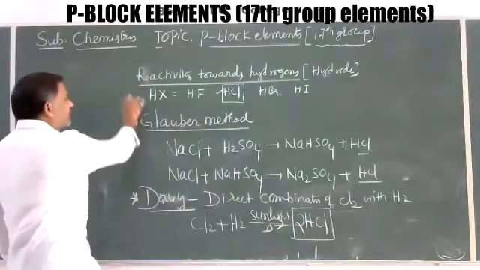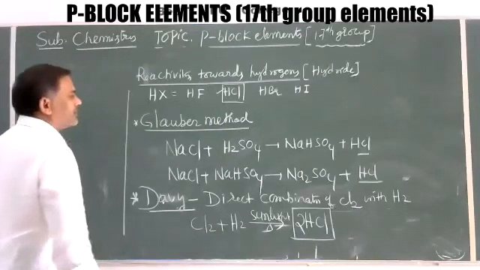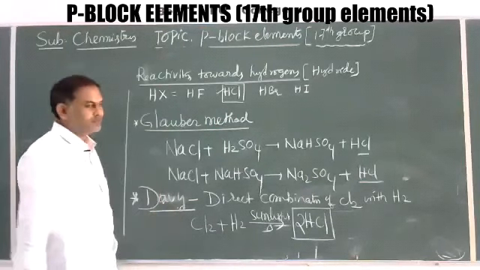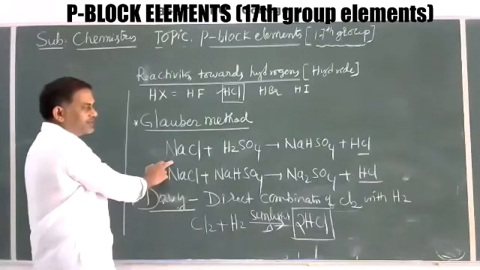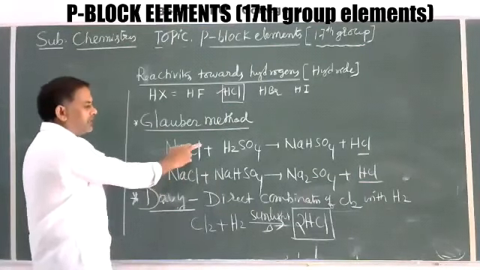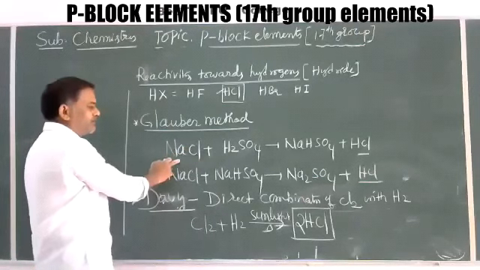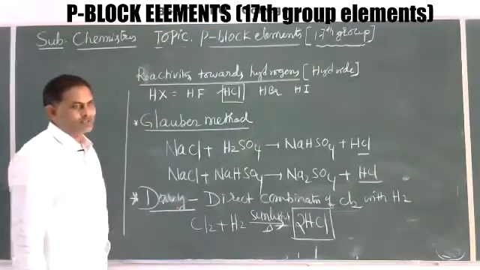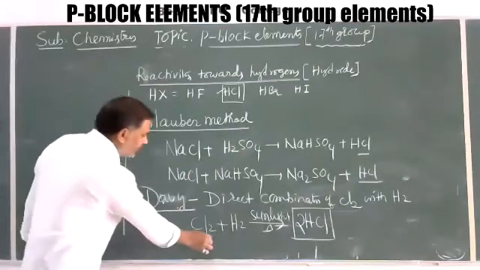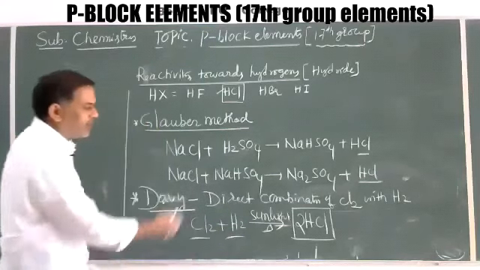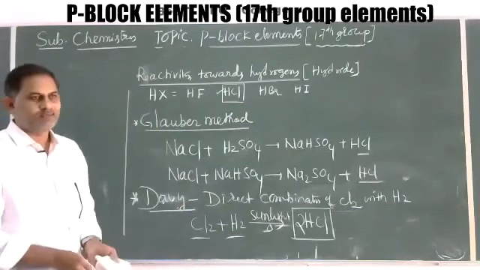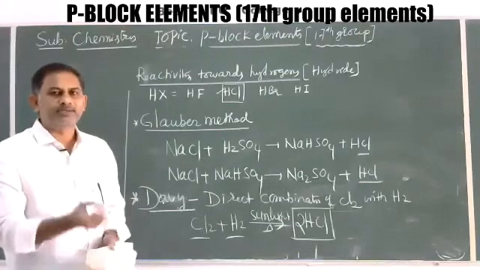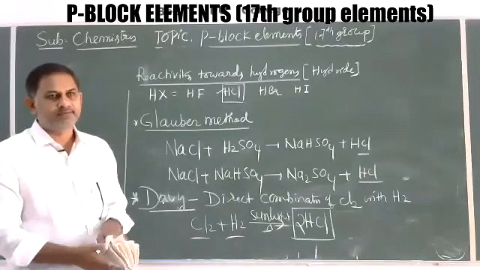So these are the two important preparation methods in our textbook: Glauber method and direct combination. Then hydrogen chloride properties, solubility and chemical properties, are limited, a matter of 5 minutes.